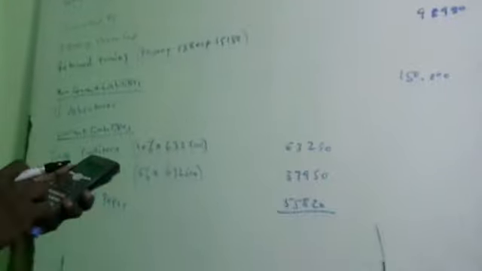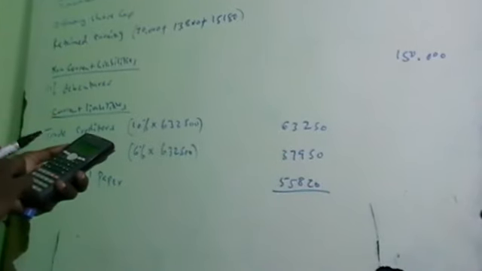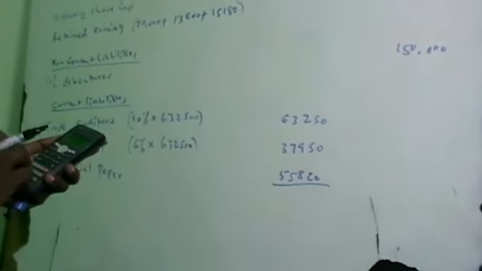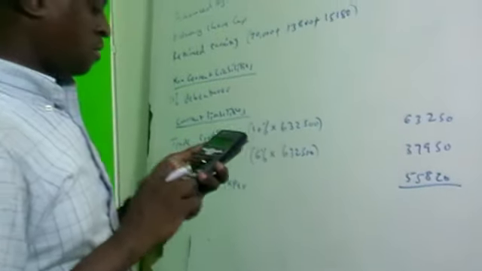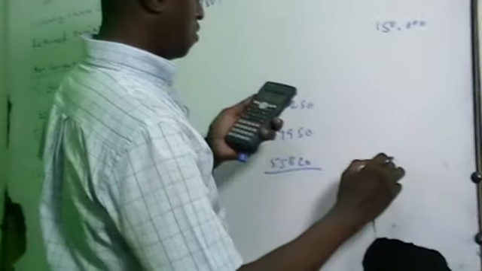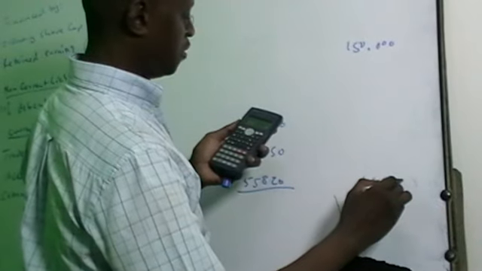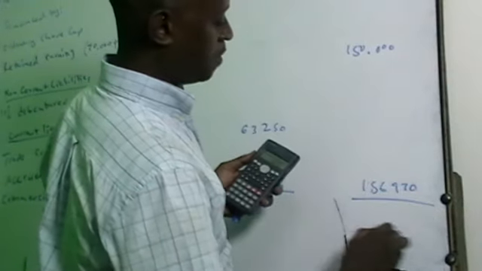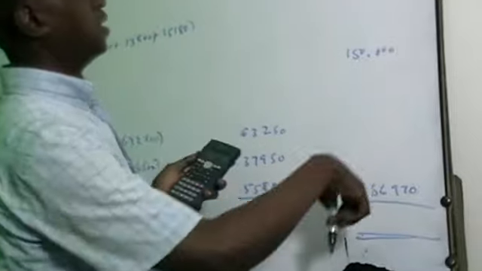Now let's add. So we have plus 63,250 plus 55,820. So this gives us 156,970.